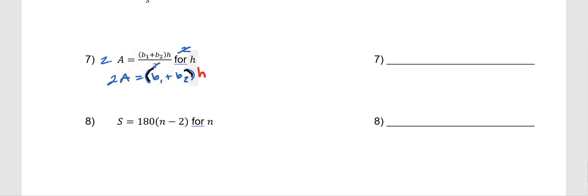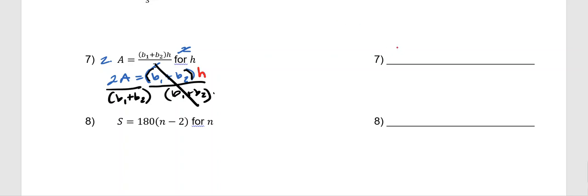The way to undo that is to divide by all of that. I can wrap it in parentheses because that's the entire factor we're dividing by. Those will cancel, and that's exactly what I'm looking to achieve, getting to H equals.